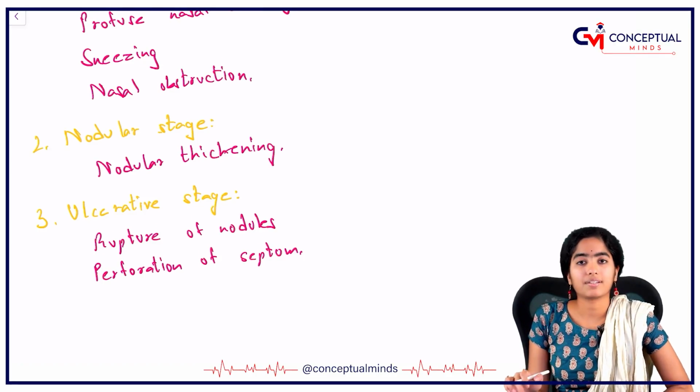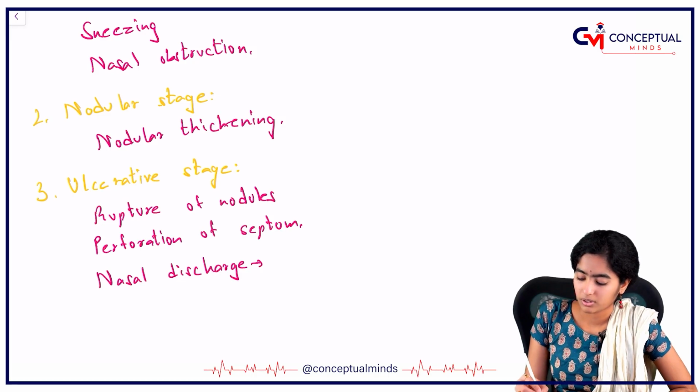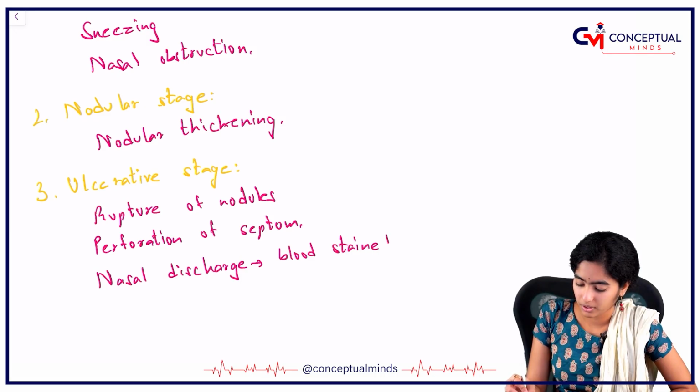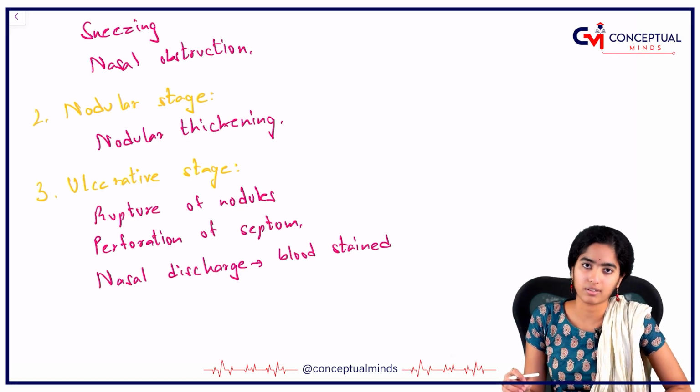Now in the ulcerative stage, the nasal discharge could be blood stained. And also there is nasal obstruction because of the granulomas and also crusting that has occurred.